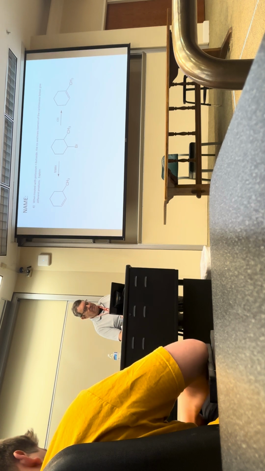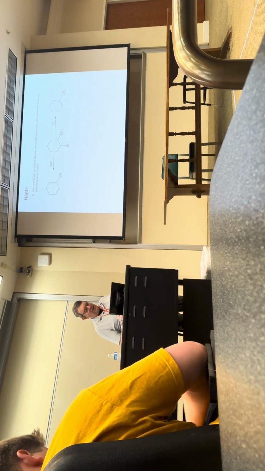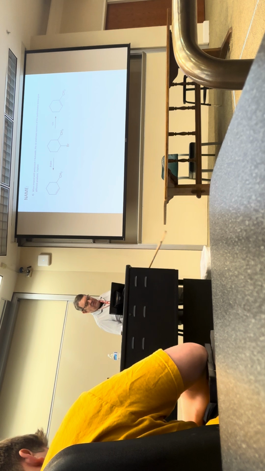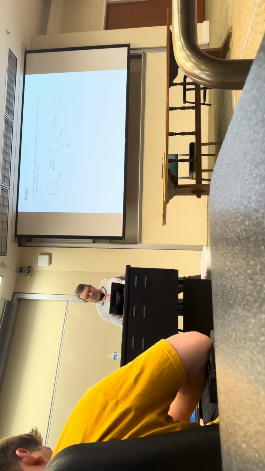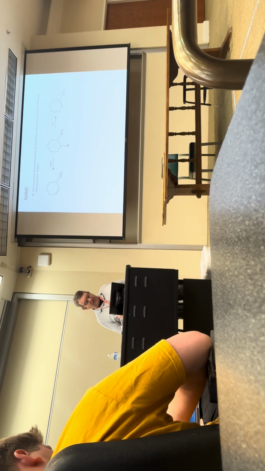All right. So this is, when treated with potassium t-butoxide, the cis and trans isomers of the cyclohexane below give different products. Explain.